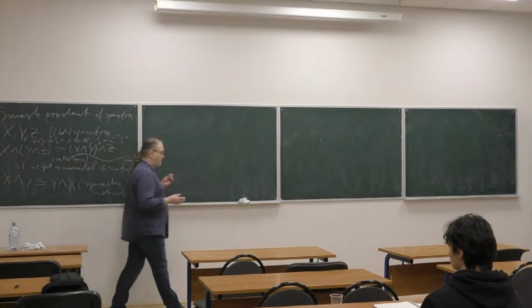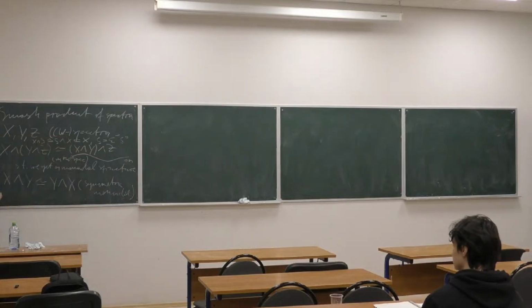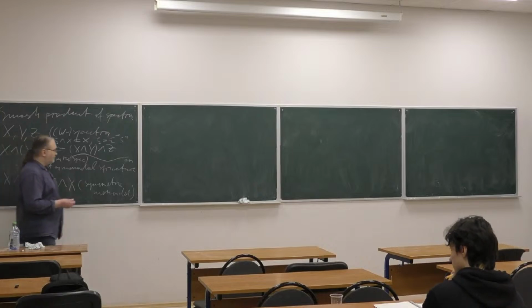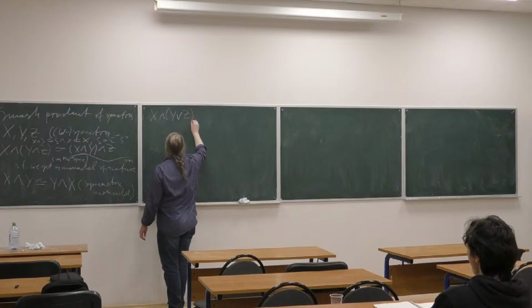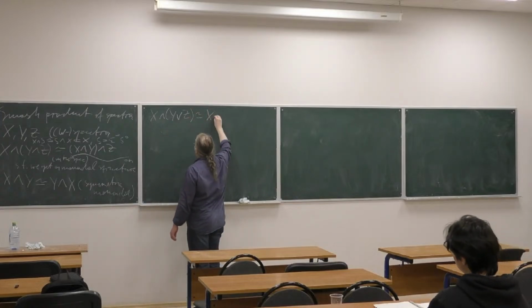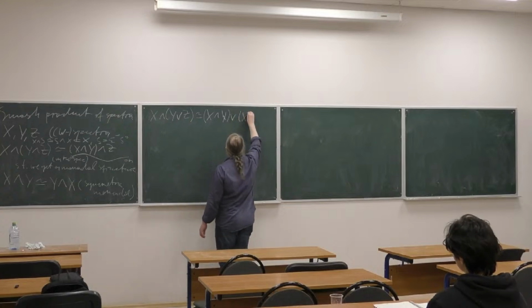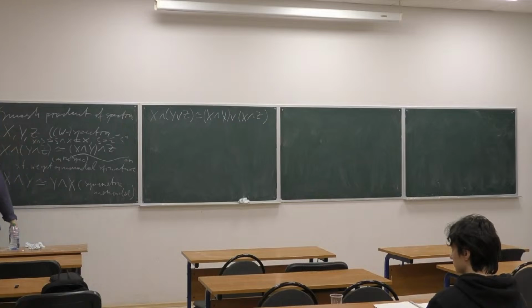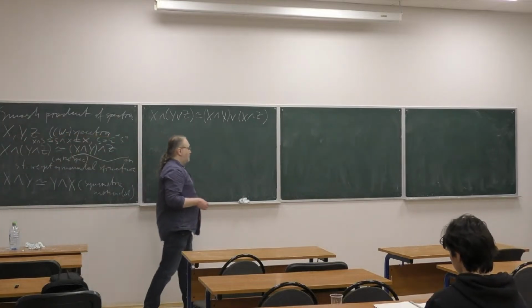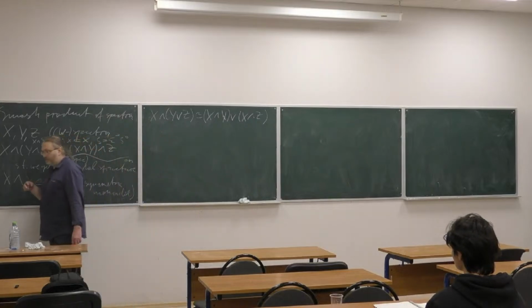So we would like to have an isomorphism between X smash Y and Y smash X. And lastly, we would like the smash product to distribute over the wedge sum.